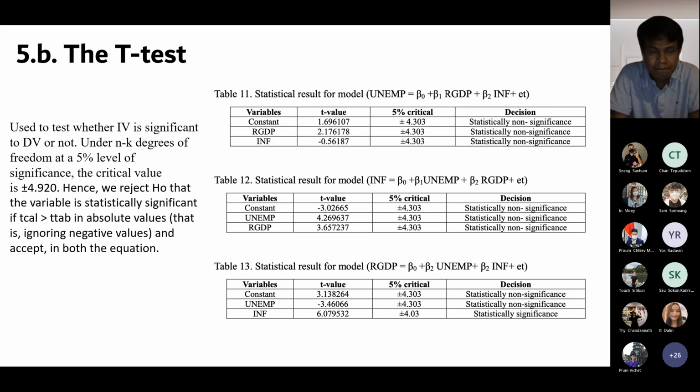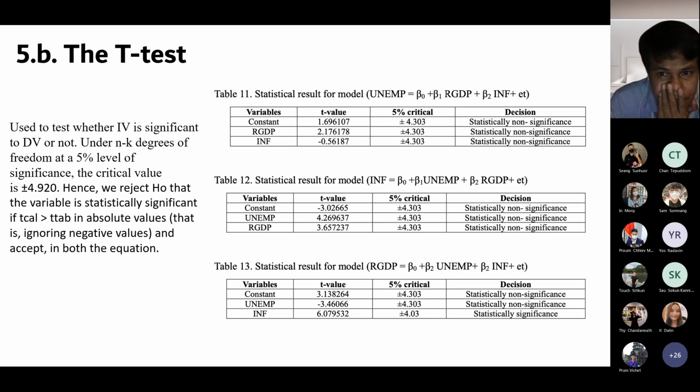move to the t-test. The t-test is used to test whether an independent variable is significant to the dependent variable or not. Under n minus k degrees of freedom and at a 5% level of significance, the critical value is negative, positive 4.92.